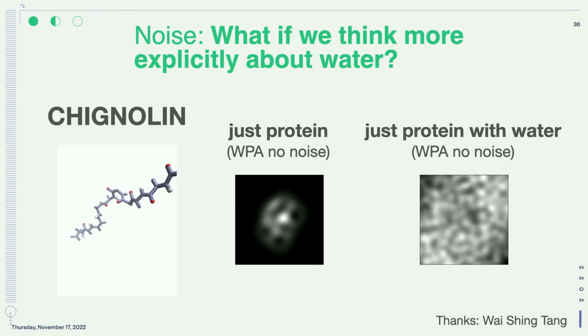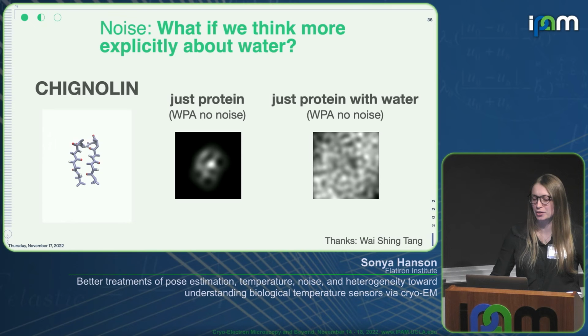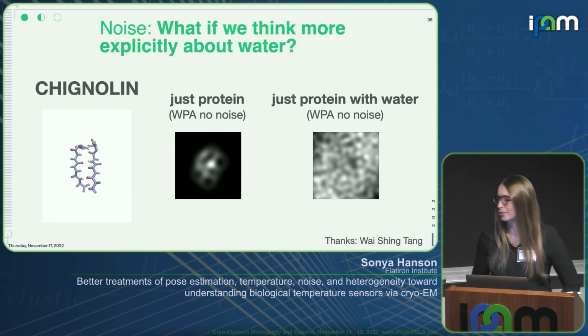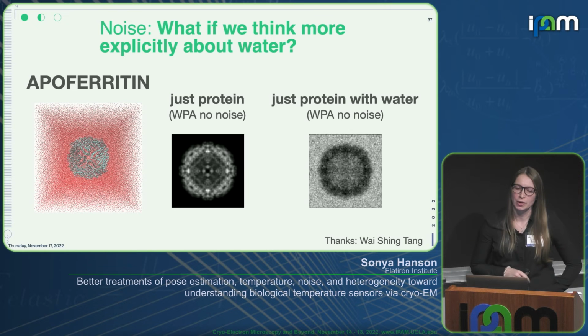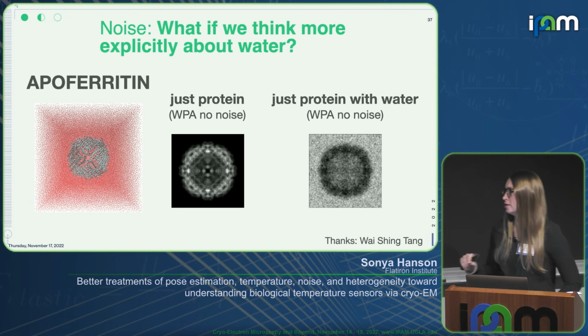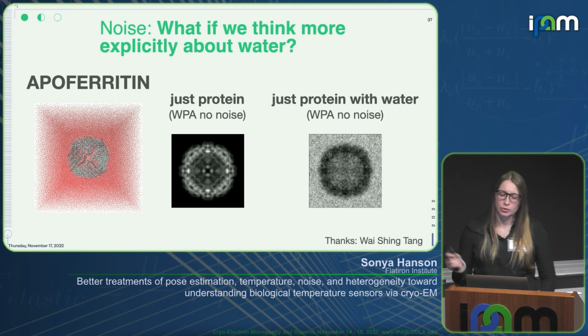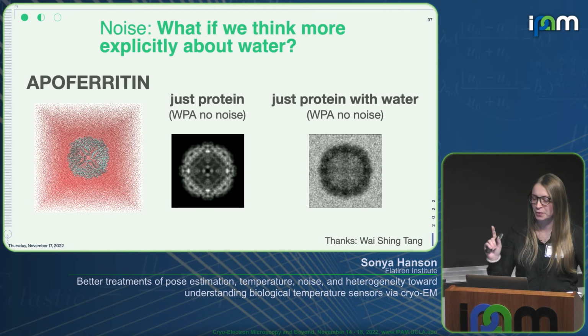And here there's no noise except the waters. Of course, this is an unreasonably small protein for cryo-EM, and if you do it with something like apoferritin, you can see the protein still, despite the waters, but you still see this noise.